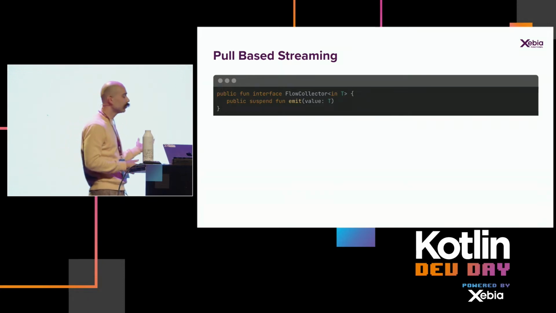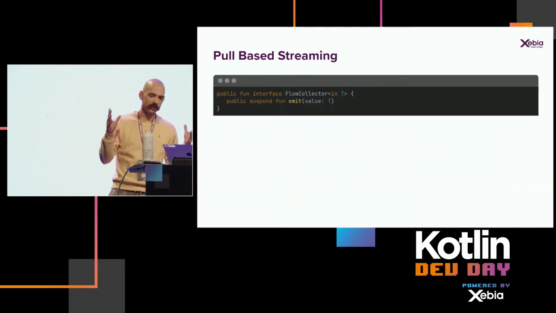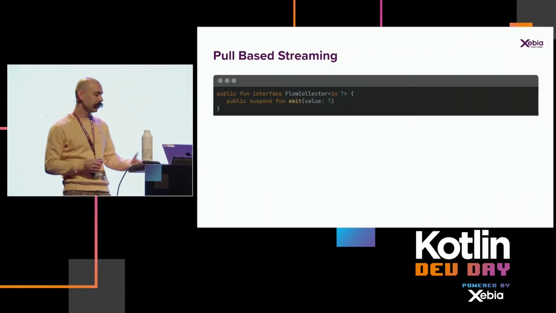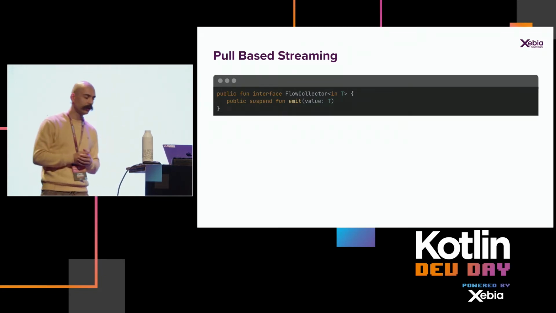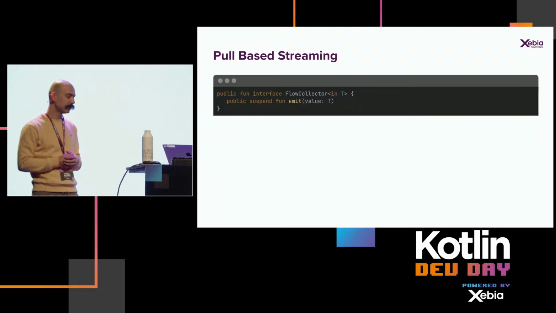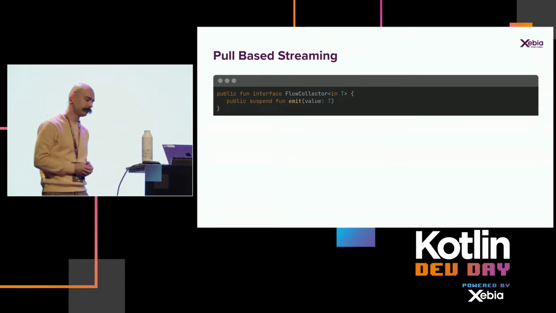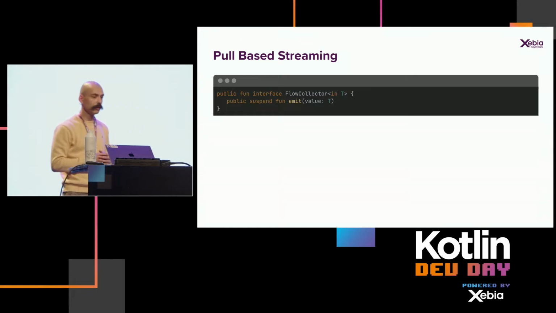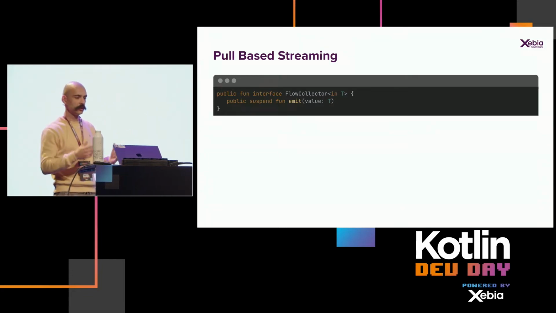So what does this look like in the context of pull-based streaming or in the context of KotlinX Flow? So in KotlinX Flow, we have the FlowCollector interface, and this is what everything is about when we work with the KotlinX Flow data type. And there's only a single function in this interface. So that's pretty neat. There's not a lot that we need to learn to work with KotlinX Flow. There's this emit function that sends elements or circles downstream. And if you notice, what is most interesting about this function is that the function is suspending.